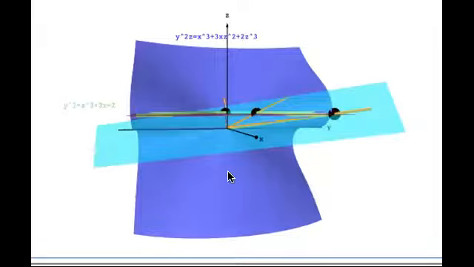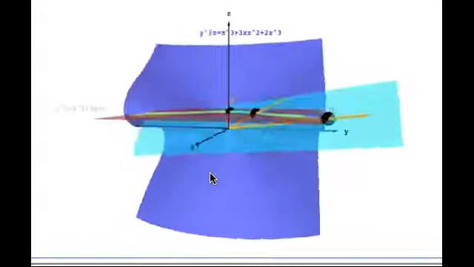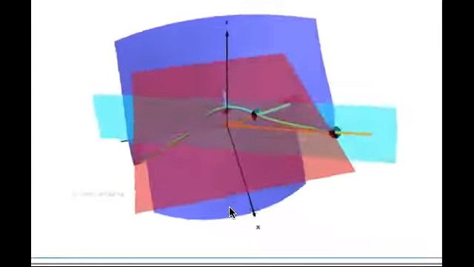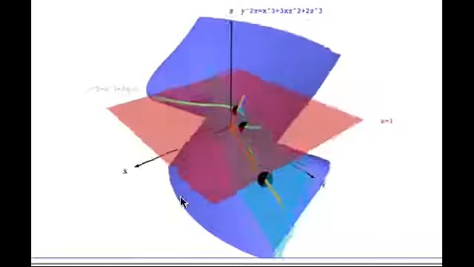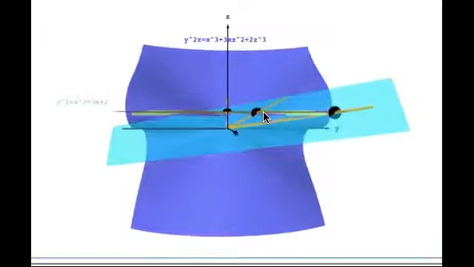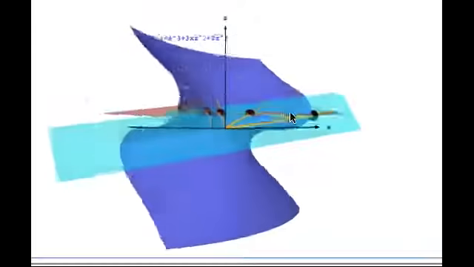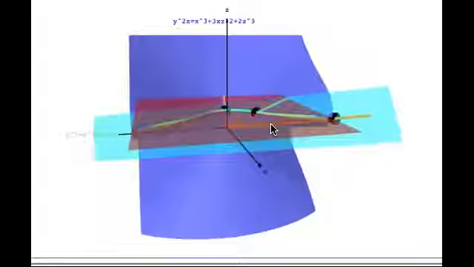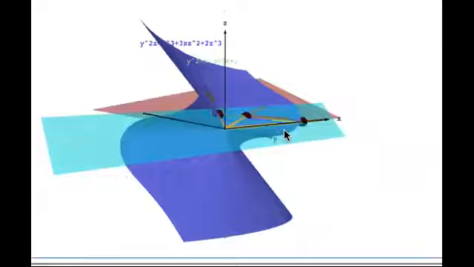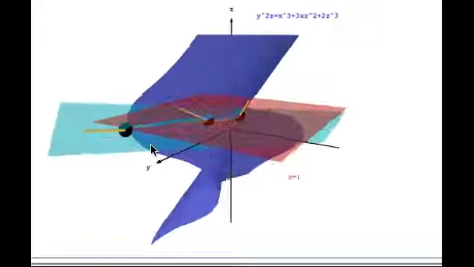So the blue surface is the generalization, and these orange lines right here live in the blue surface. So notice that indeed there are 3 intersection points to the curve, and those 3 intersection points are actually 3 lines which live in both the blue surface and the plane that's passing through it. So we can generalize this completely.